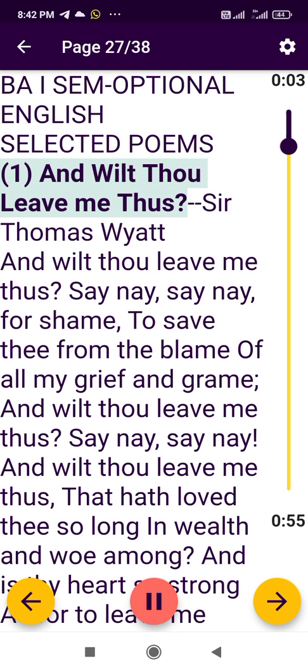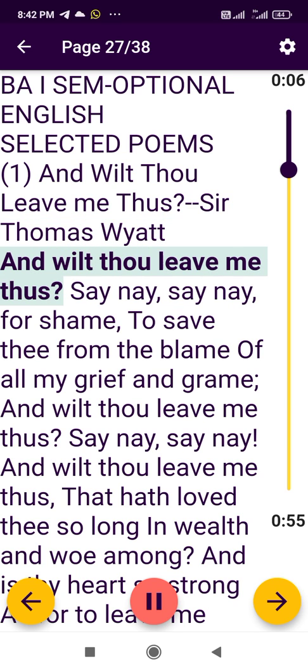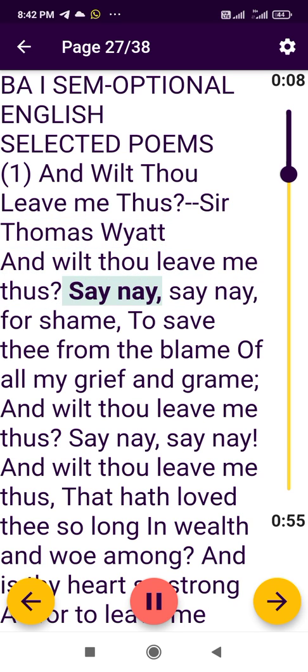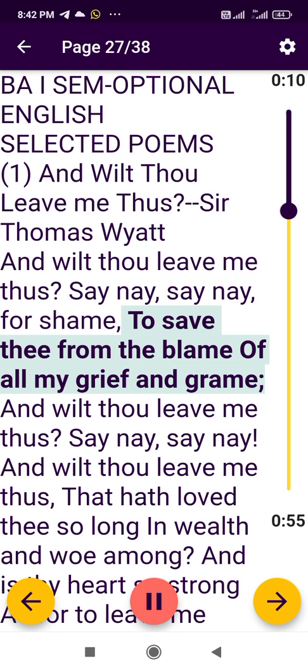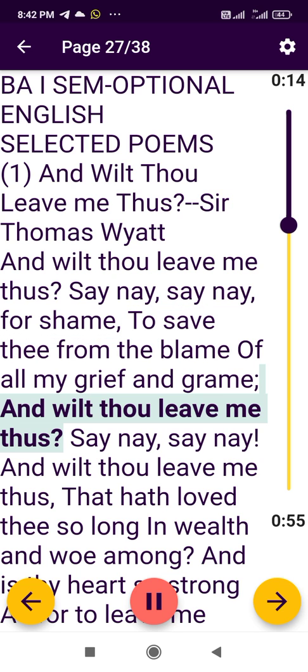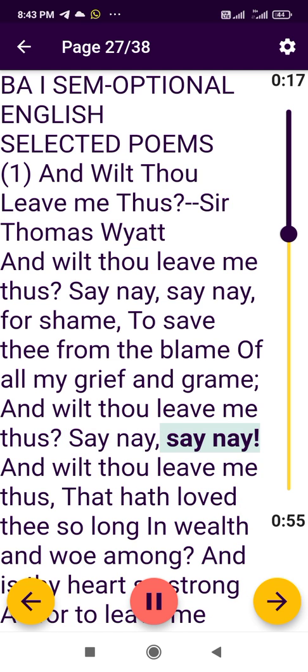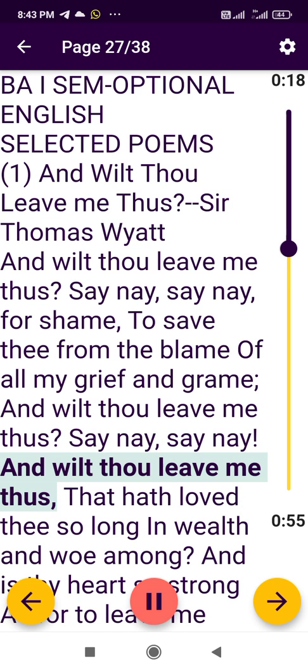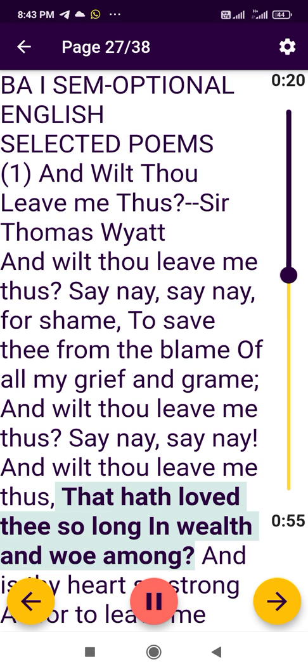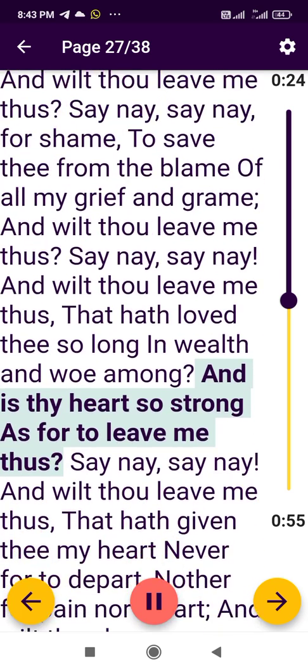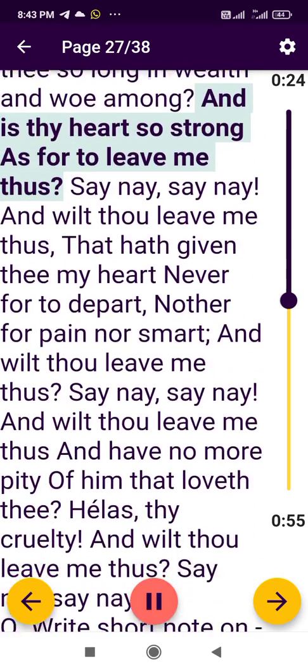1. And wilt thou leave me thus? So Thomas Wyatt. And wilt thou leave me thus? Say nay, for shame, to save thee from the blame of all my grief and blame. And wilt thou leave me thus? Say nay. And wilt thou leave me thus, that hath loved thee so long in wealth and woe among? And is thy heart so strong as for to leave me thus?